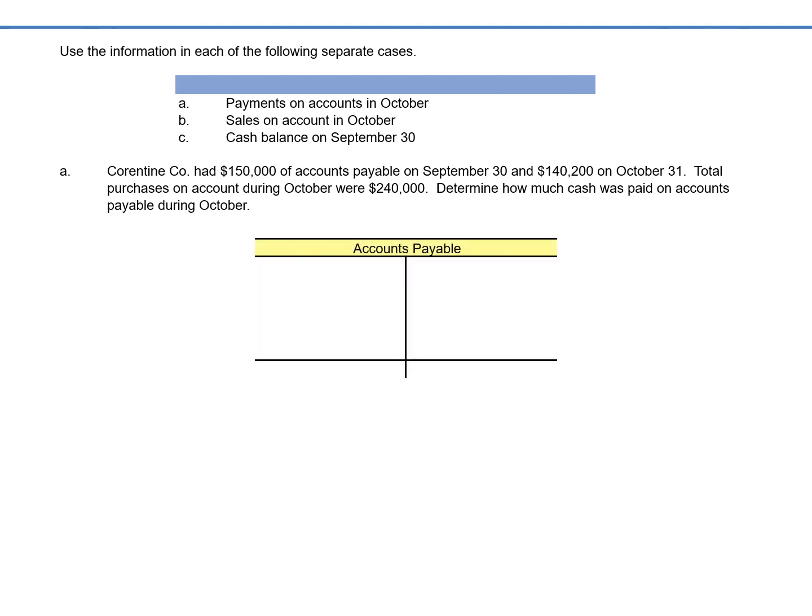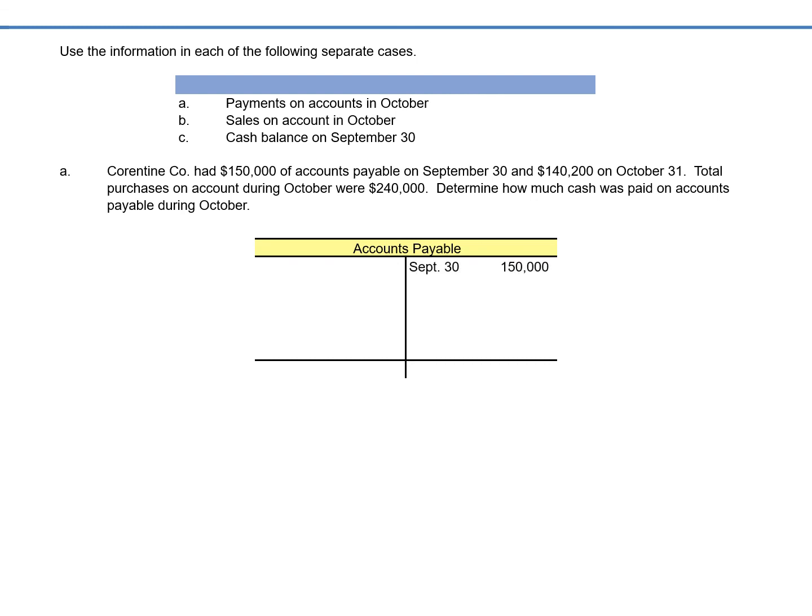So if we set up our T account for accounts payable, which is a liability, right? And we know that liabilities have normal balances of credits. They're increased by credits and they're decreased by debits. We know that debits go on the left side of the T account and credits go on the right side of the T account. Okay, so $150,000 is the starting balance.